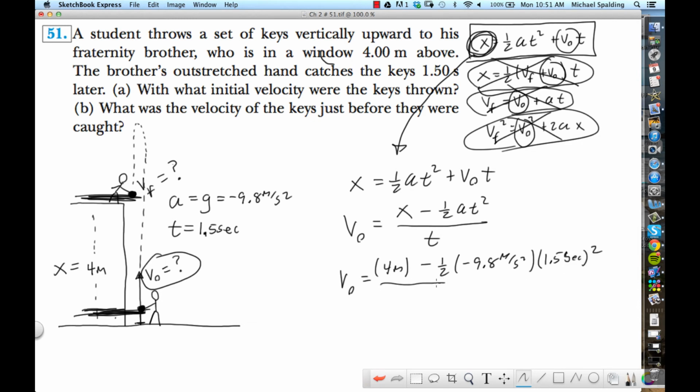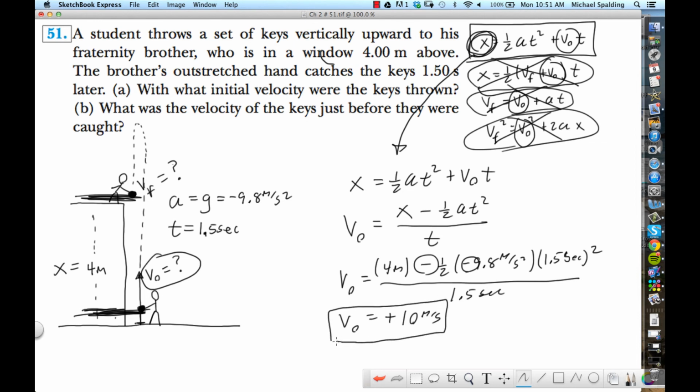Square the time. Okay, what happens to these negatives right here? They cancel and become a plus, right? So when you punch this into your calculator, you're going to come out with positive 10 meters per second. That's the starting velocity of the set of keys.